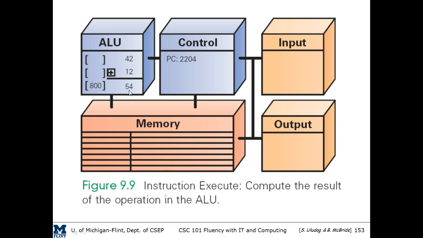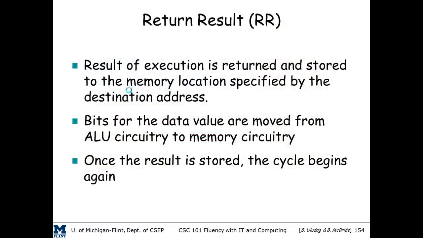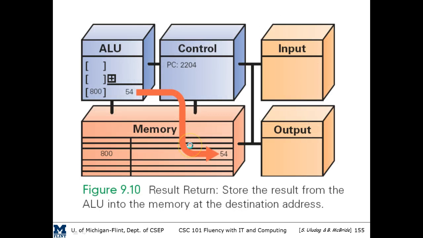But the bits that represent the sum of the ALU addition function then need to be returned to the random access memory, where they're set up as a destination. So the information now is stored, the 54 is stored back into the random access memory at location 800 as specified by the instruction.